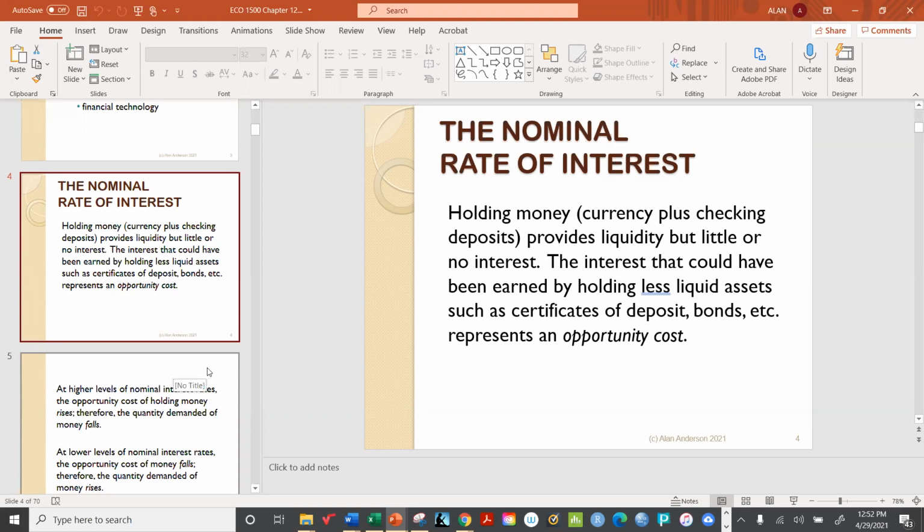Okay, so the demand for money, therefore, is inversely related to the level of interest rates in the economy. So right about now, when interest rates are at preposterously low levels, you would expect that the demand for money is quite large. If interest rates go back up to more normal levels, you'll see the demand for money start to shrink as people recognize that their opportunity costs are increasing.